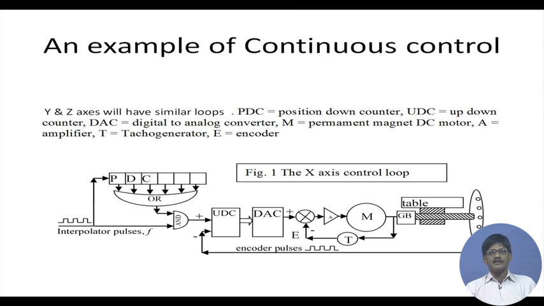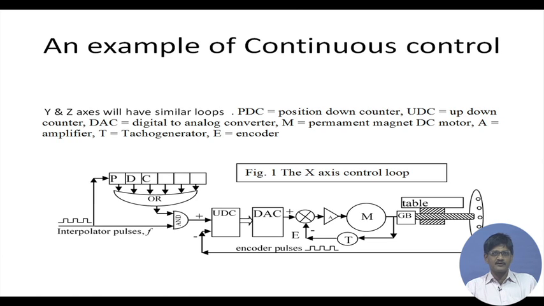So, that means the interpolator pulses which are coming in are first getting counted, and they are also passing through and reaching something called UDC or up down counter. Inside the up down counter, we have a content which is up counted by these pulses coming in, and they are also down counted by pulses which are coming from the encoder.